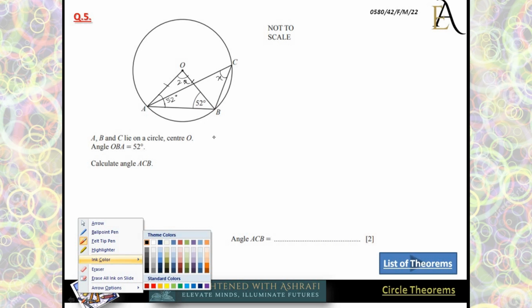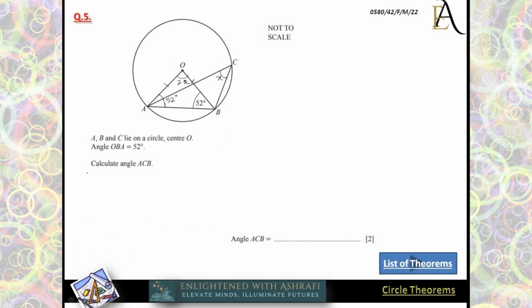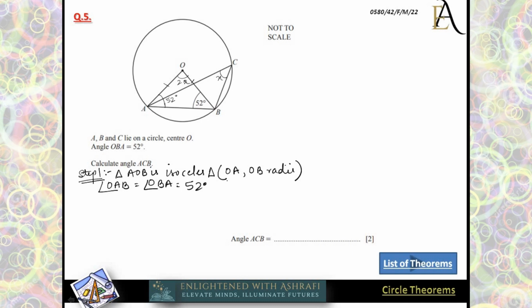It's an easy question. Okay, so first thing what we will do is, in step 1, triangle AOB is an isosceles triangle. Why? Because OA, OB are radii. So angle OAB is equal to angle OBA, which is equal to 52 degrees.